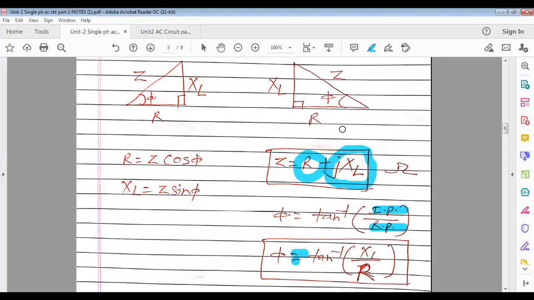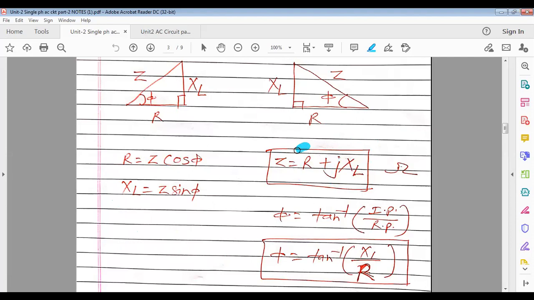For series RL, you always get XL along the positive imaginary axis, and R always stays on the positive real axis. R can never be negative. Okay, only XC is negative and XL is always positive. One thing to keep in mind, no confusion: R and XL are always positive, and XC is always negative. Got it?